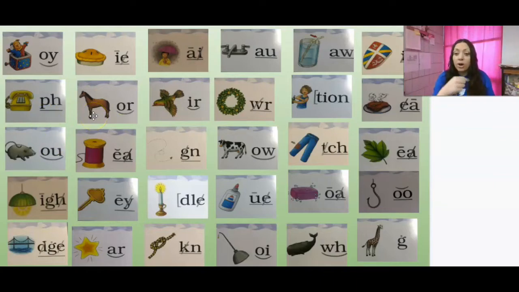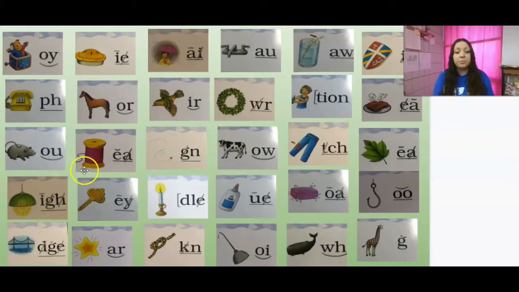Horse, or, combination OR. Bird, combination IR. Reef, ghost digraph WR. Lotion, shun, final syllable TION.